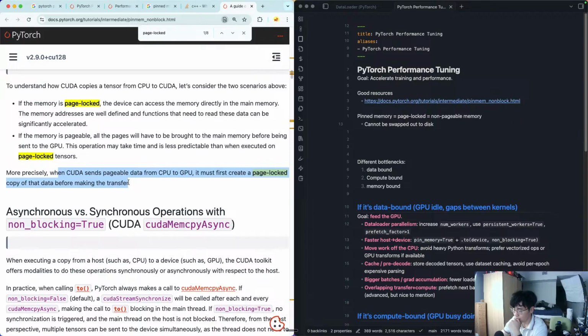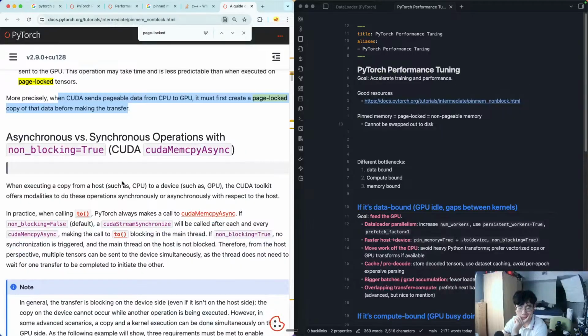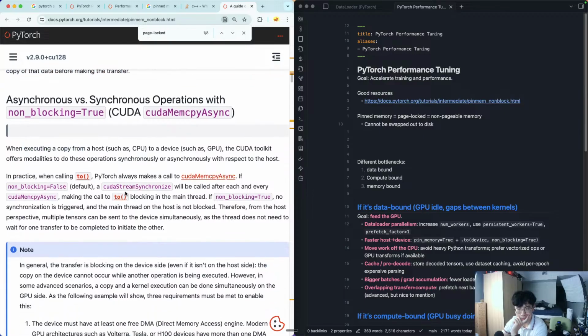I mean, it must ensure that first it exists in main memory, right? So there's synchronization after each CUDA copy async.